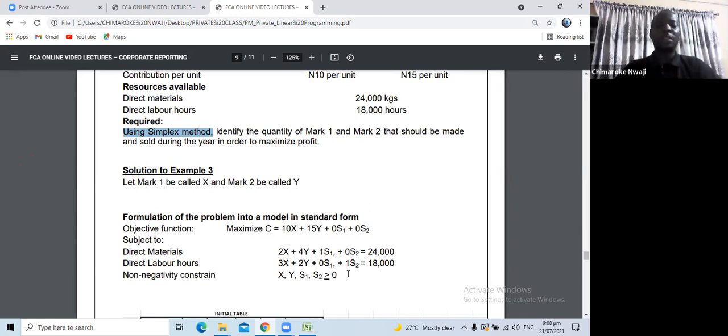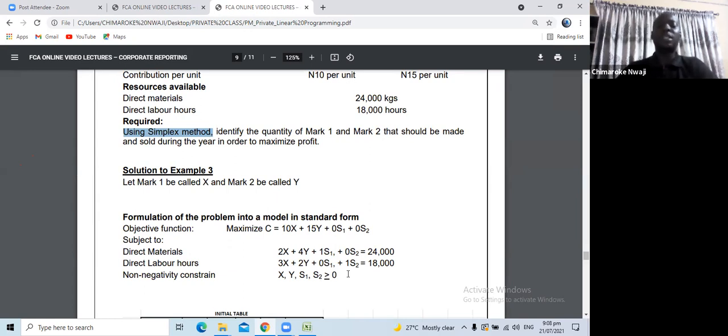Now, remember, at the point of origin, when x is 0 and y is 0, it means we have not done anything. Our contribution was 0. Our materials were untouched. So the slack variable at that point will be 24,000. Same thing with labor.